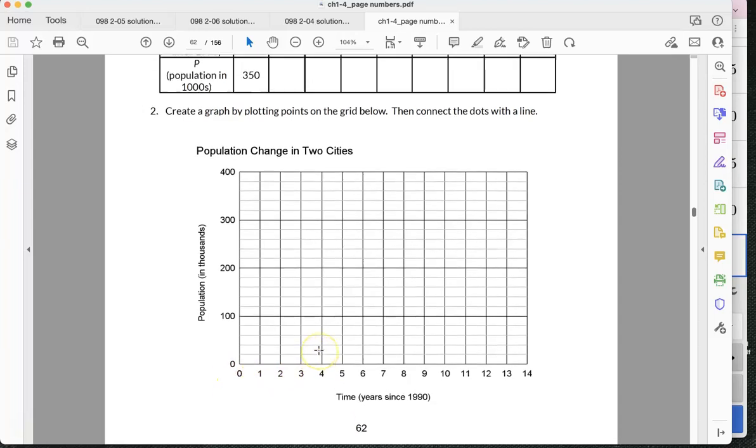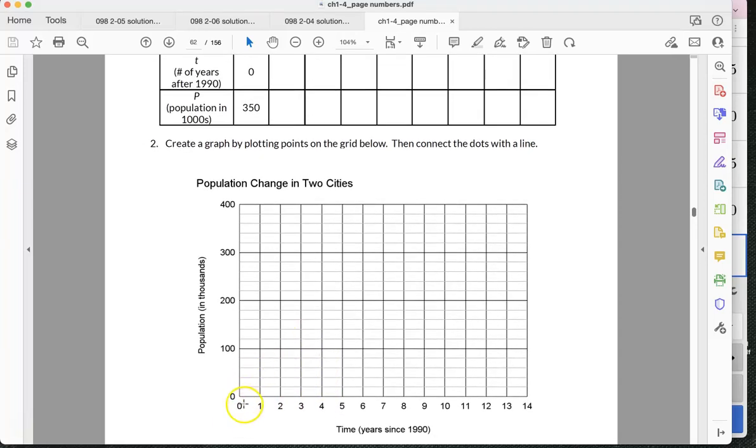Looks like it's ancient history for some of you. And then for the population, I have the bold lines in hundreds of thousands, and then the minor grid lines are every 20,000. So that would be 320, 340, 360, 380, and then it gets to 400.